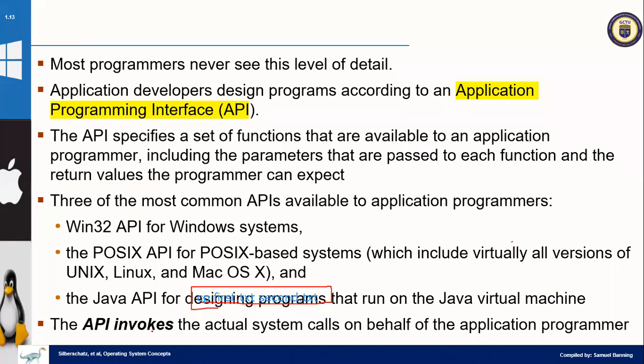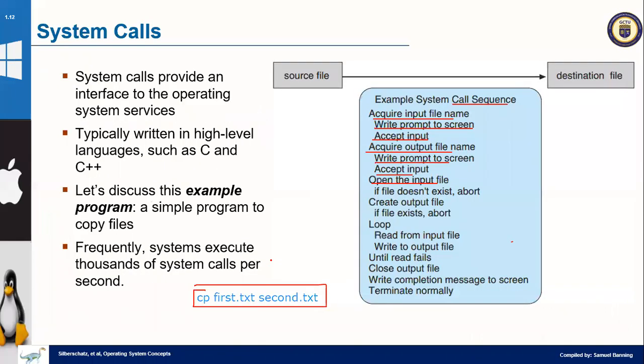It is the API that invokes the actual system calls on behalf of the application programmer. So if you're writing an application, all you give is your cp first.txt second.txt. This instruction will be executed on the API, and it is the API that will execute all these system calls on behalf of your application.